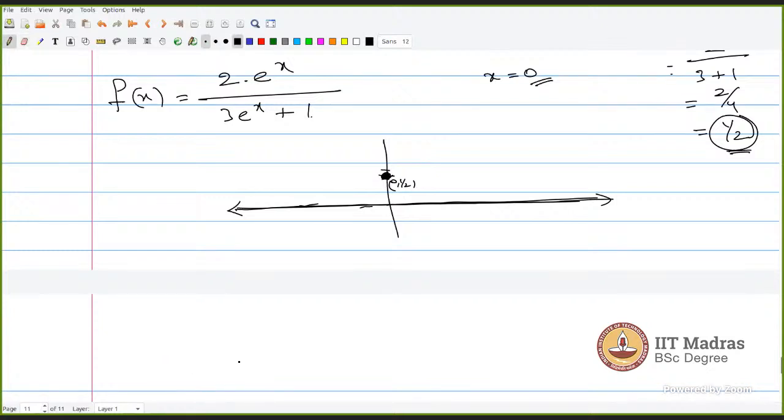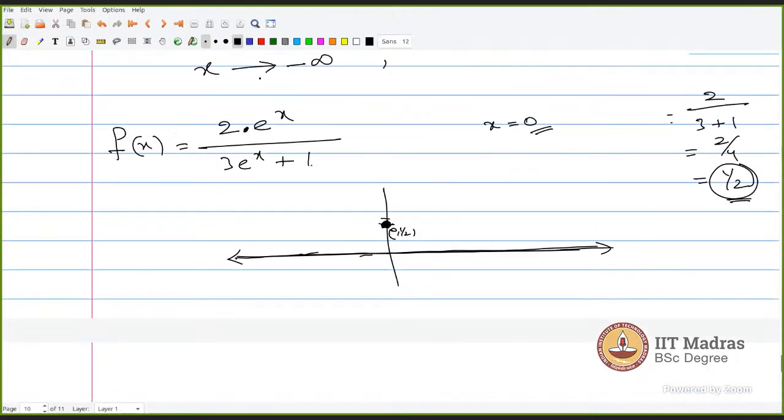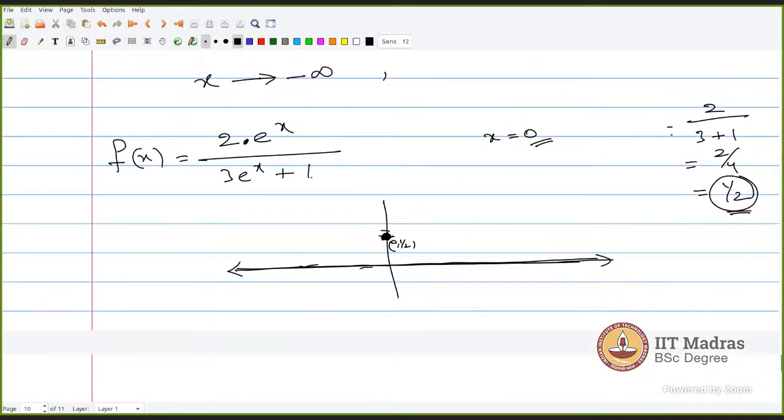Sir, you have taken only 2 into e power x. Shouldn't we take 3 e power x plus 1 and equate it to 0 and find the roots for that also? If I equate it to 0, the numerator by denominator becoming 0 means the numerator becomes 0.